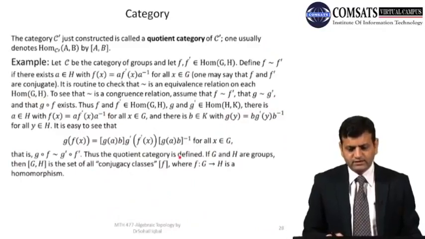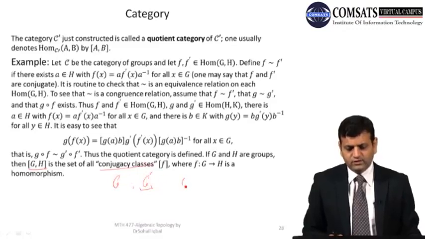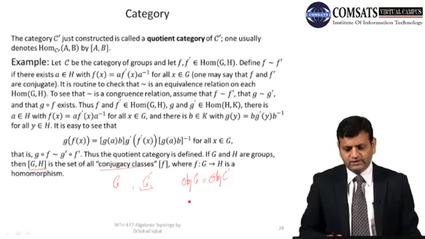Thus the quotient category is defined: if G and H are groups, then Hom(G, H) is the set of all conjugacy classes of F, where F from G to H is a homomorphism. As I said earlier, if C is a category, then after defining a congruence on the category, we can define this category C prime, where the objects are the same as the objects of C, but the homomorphisms are different.